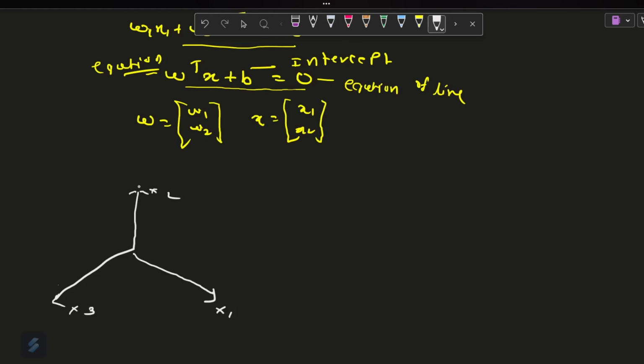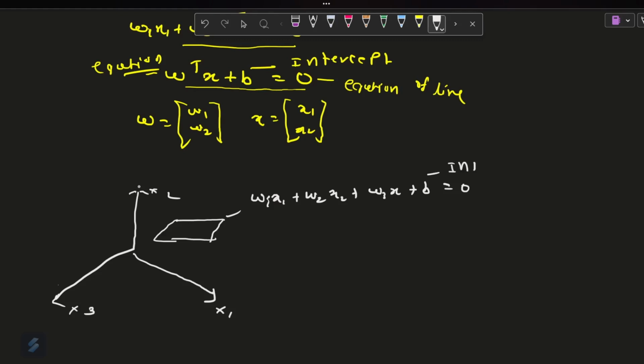And we have a hyperplane, something like that. The equation of that hyperplane is w1 x1 plus w2 x2 plus w3 x3 plus b is equal to 0.